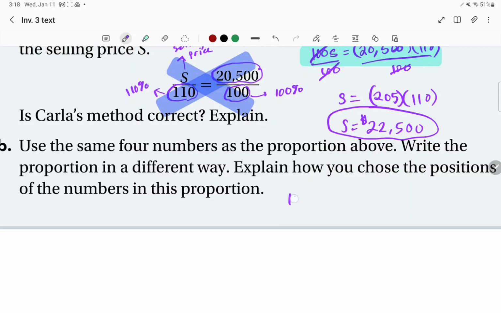You could have 100 over 20,500 is equal to 110 over S. Okay, there's a couple different ways you could do it, but again, as long as you have S and 100 across from each other and 110 and 20,500 across from each other, it'll work.